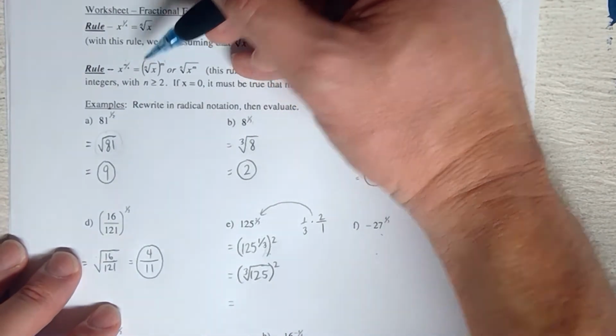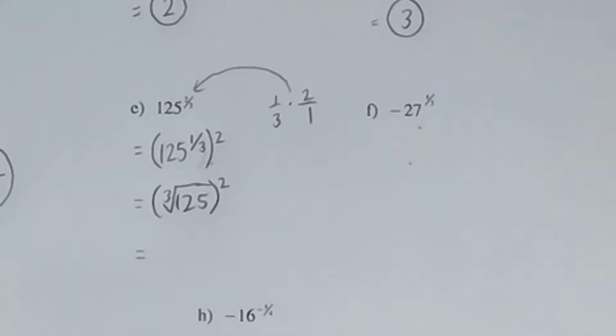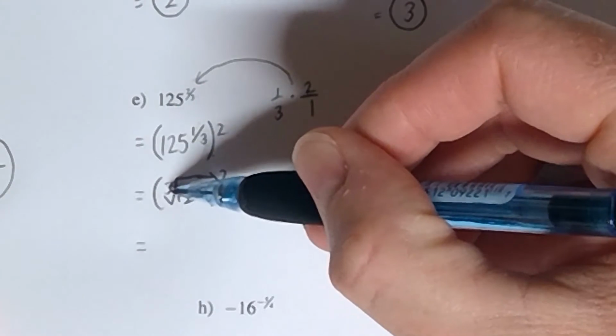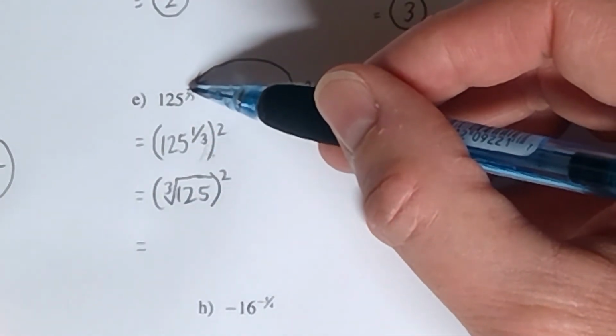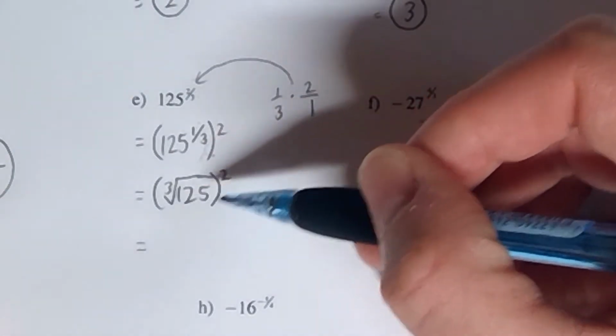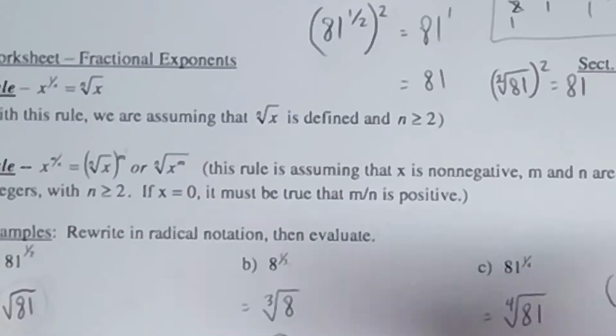Okay, that goes there. And you can see that that's what happened. Let me zoom back in. All right. The denominator went inside the v. And since the numerator was not equal to 1, we made a bracket with a 2 on the outside. That's exactly what the rule at the top is telling us to do.